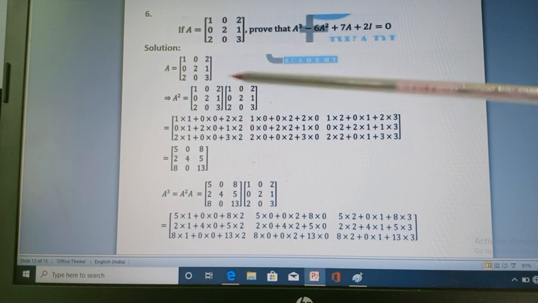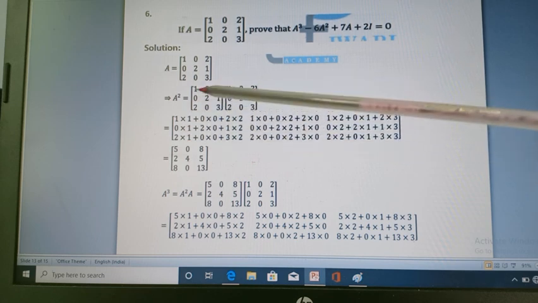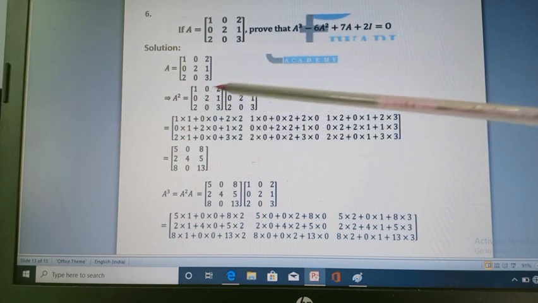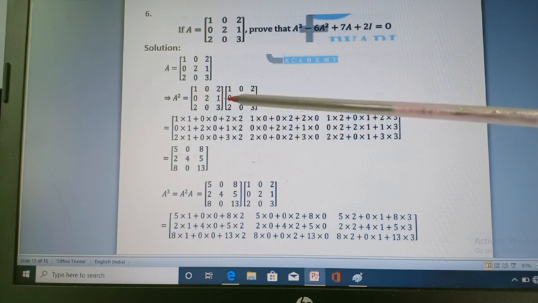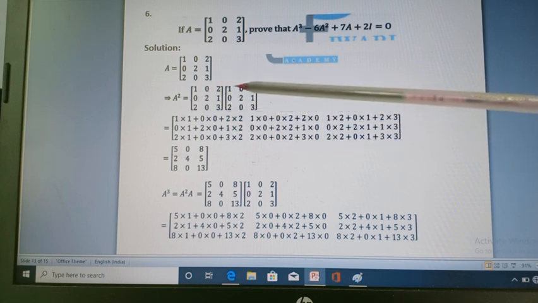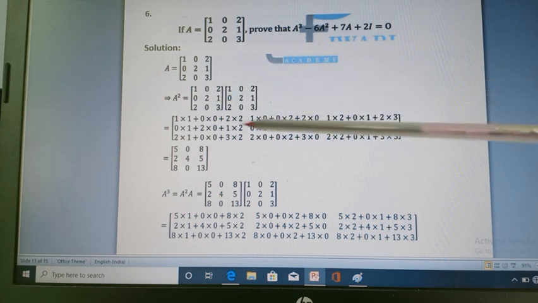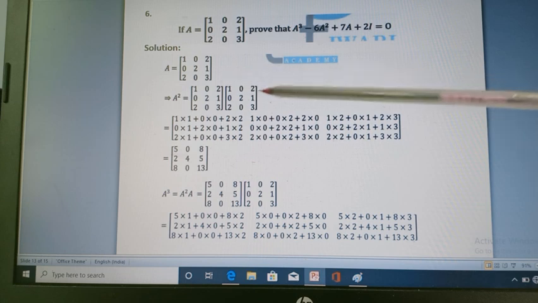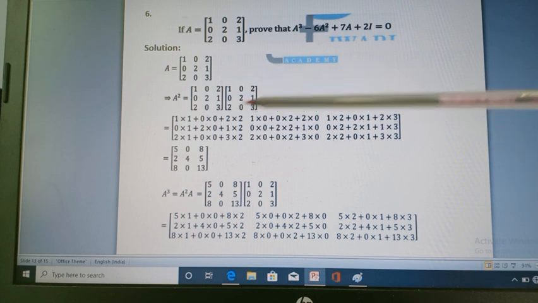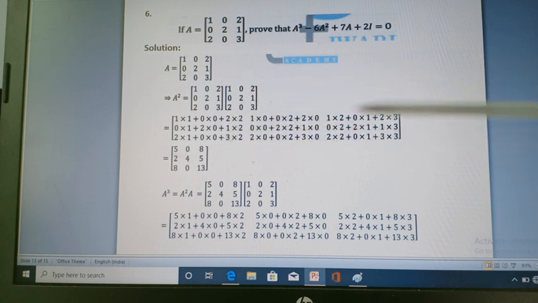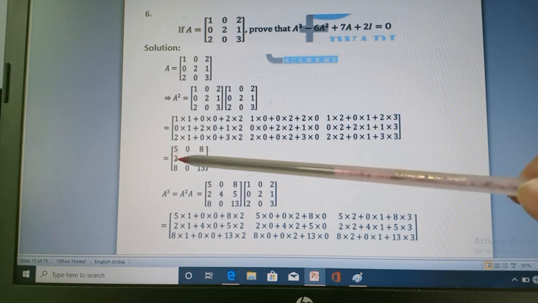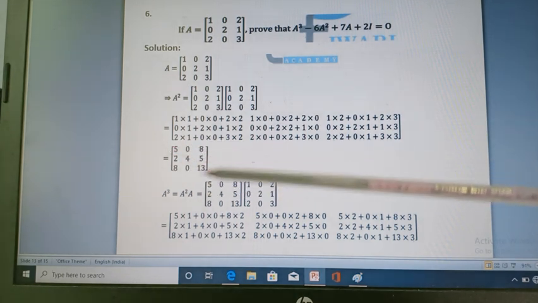Then second row into first column, 0 into 1, 2 into 0, then 1 into 2. Second row second column, 0 into 0, 2 into 2, and 1 into 0. Second row third column, 0 into 2, 2 into 1, and 1 into 3. So similarly you can find out the matrix which is 5 2 8, 0 4 0, 8 5 13.